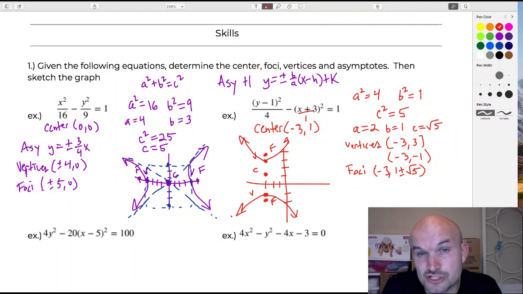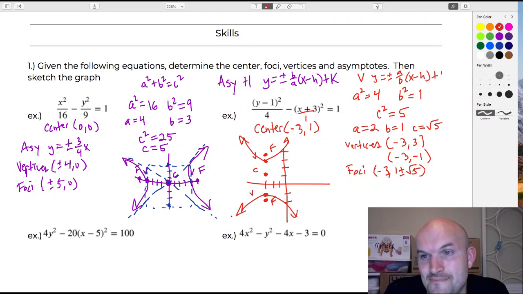And then the last thing we need to do is just do the equation. So if the horizontal hyperbola is y equals plus or minus b over a, for the vertical hyperbola, that's going to be y equals plus or minus a over b times x minus h plus k. So we already have the x minus h, which is x plus 3.